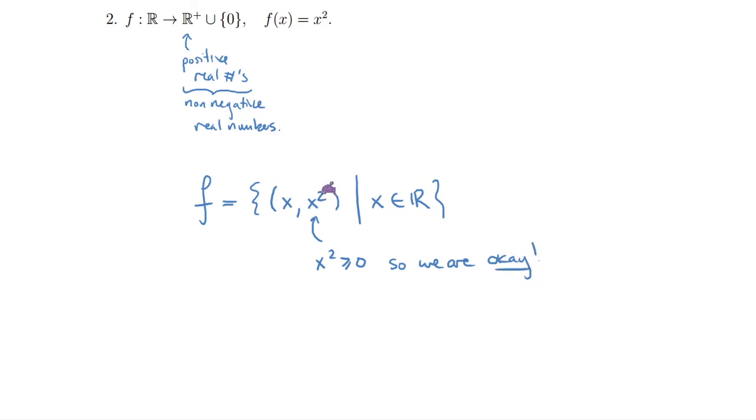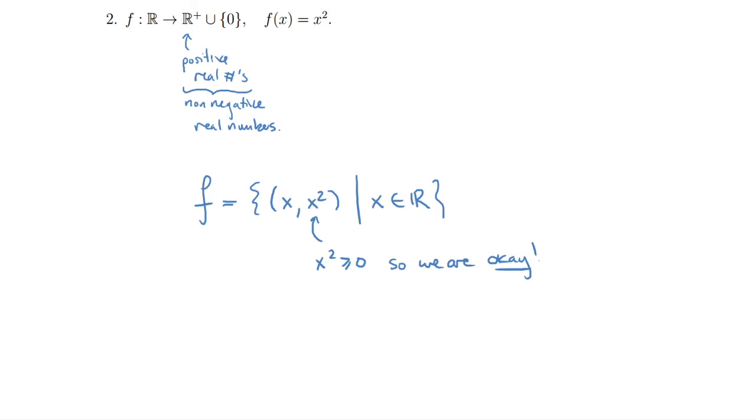Now, if it happened to be that x squared was not in this set, then it would fail to be a function. There may be an input that's going to an output that's not in this set, and that would not be a well-defined function.